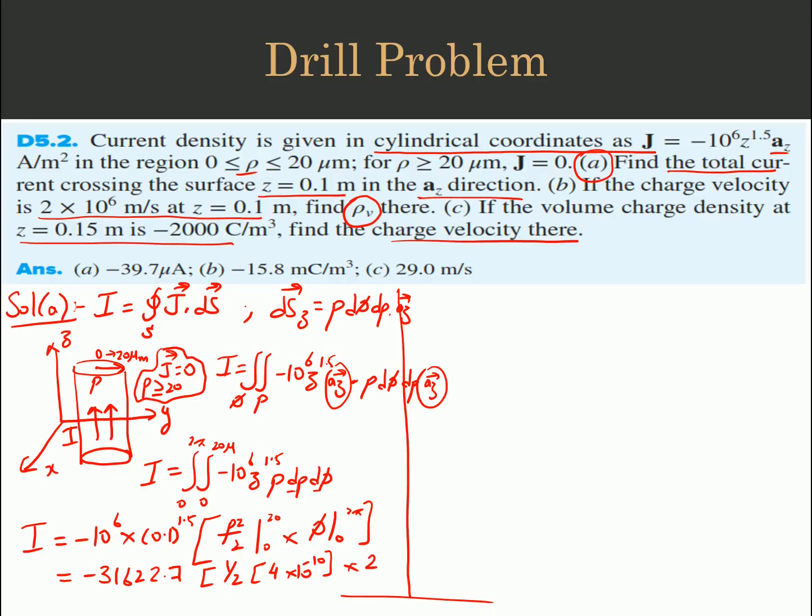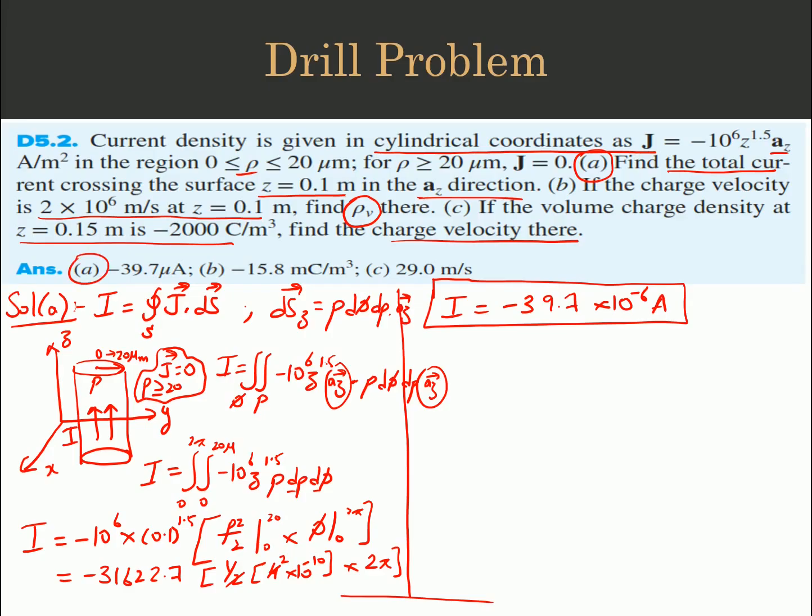This is inside the parentheses, so 2 can cancel out with 2. So the value of I then comes out to be minus 39.7 into 10 raised to power minus 6 amps. So this is the solution to the first part, and we are getting the same result. The micro is 10 raised to power minus 6.